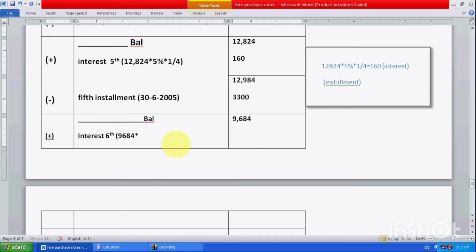Okay, take 9,684 into 5% into 1 divided by 4. So how much are we getting?